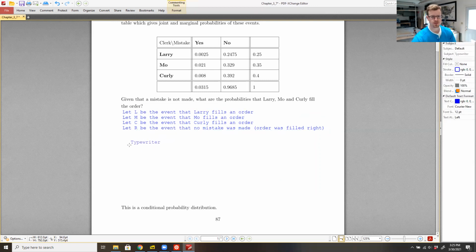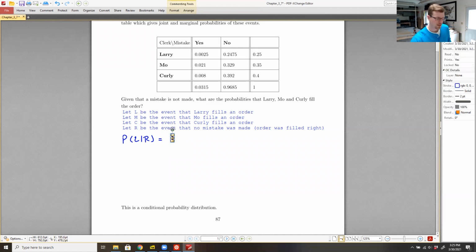So then all that we want to do is say, given that a mistake is not made, what are the probabilities that Larry, Mo, and Curly fill the order? The probability that Larry fills the order, given that no mistake is made, is exactly the individual probability that we had previously computed. This is the probability that both of the events occur, L and R, divided by the probability that the order is filled right.